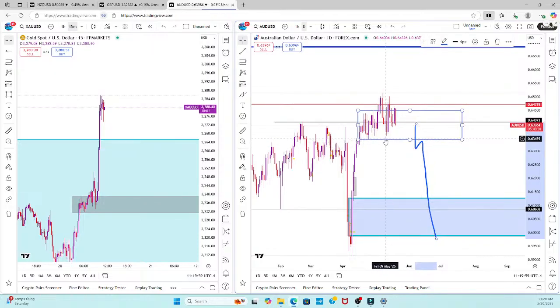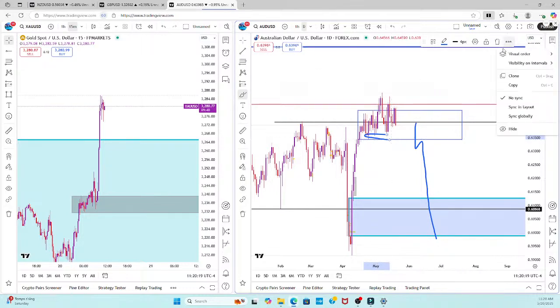It needs to break this, the same way gold cleared that third resistance and then just went up. That's basically the same thing for AUD/USD. For it to start going down drastically, it needs to clear this current support, which is sitting at 63.40.